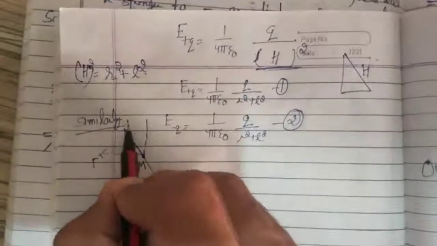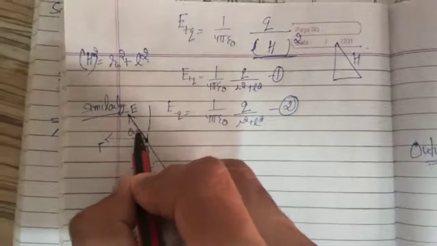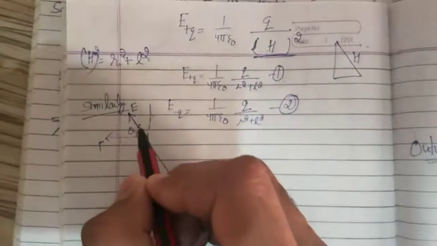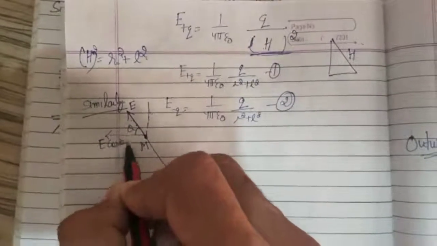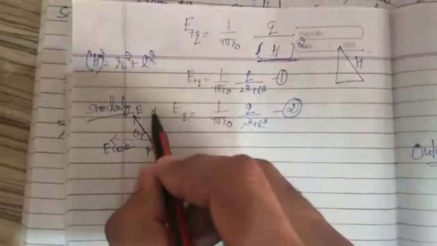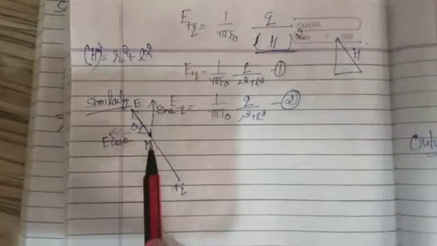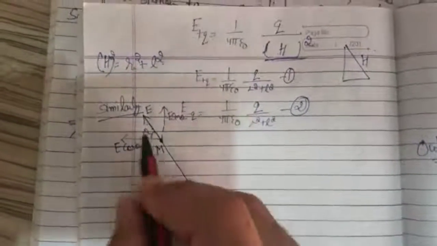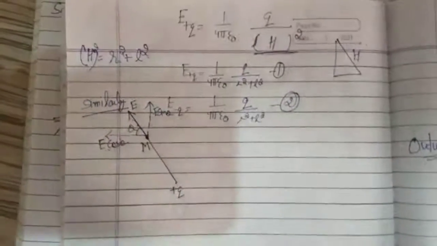This is E, the resultant of these two, so we will divide it: this is E cos theta, and this is E sin theta. So these two components are due to E plus Q. E plus Q has two components: one is E cos theta and one is E sin theta.